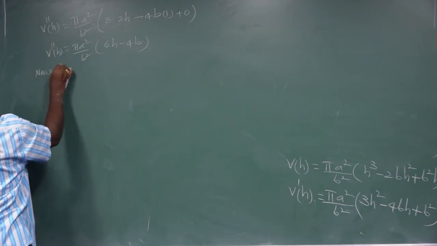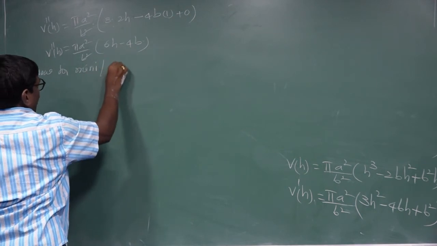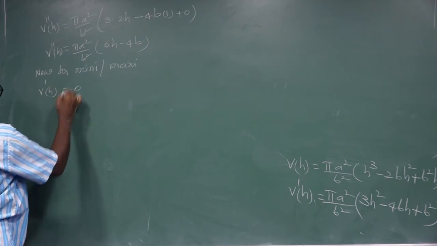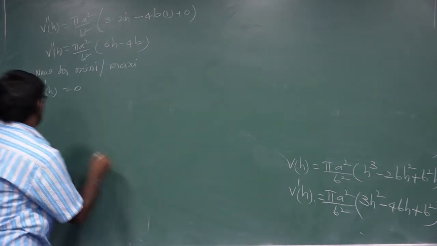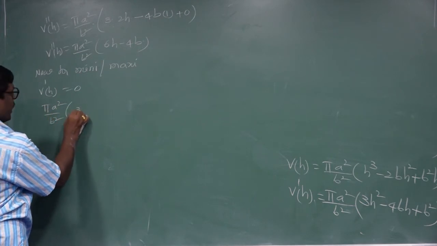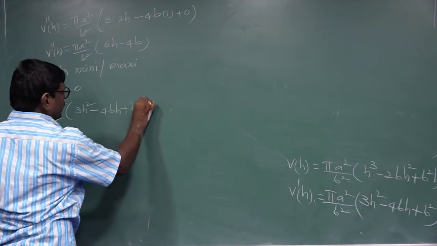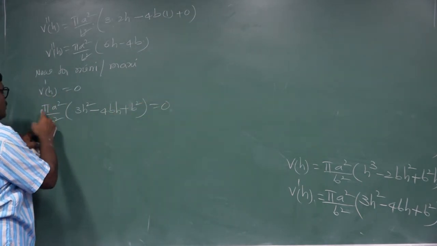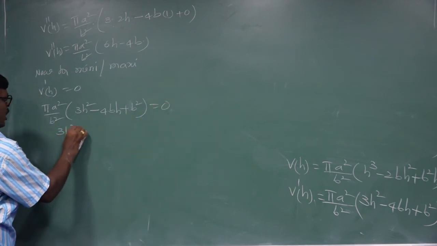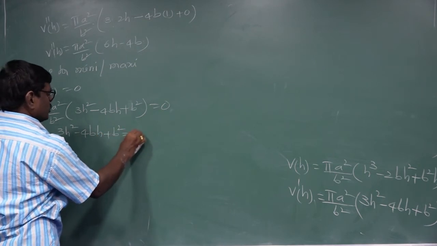Now for minimum or maximum, V dash H equal to 0. V dash H is pi A square by B square into 3H square minus 4BH plus B square equal to 0. Since pi A square by B square is not 0, 3H square minus 4BH plus B square equal to 0.